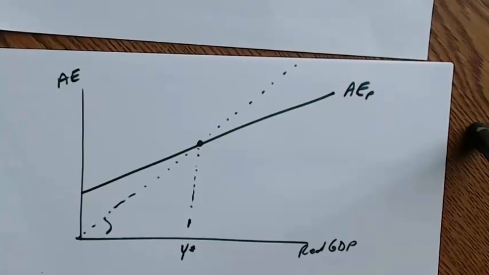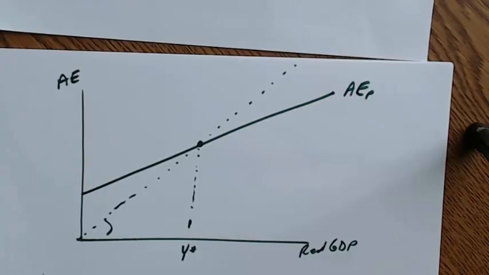Now, we're starting from an equilibrium in this process, and we're going to ask ourselves what happens when there's an increase, let's say, in planned inventory. So let's say inventory drops off one year, and you realize your inventory has been drawn down. You plan to increase your inventory the next year. So what happens?